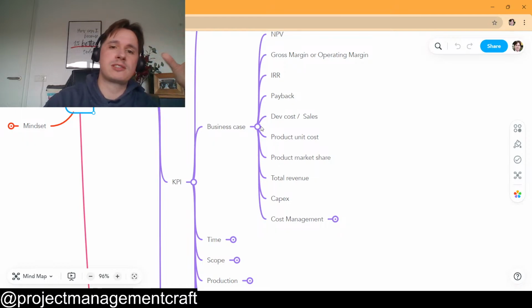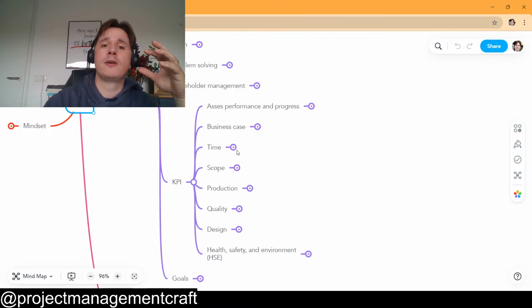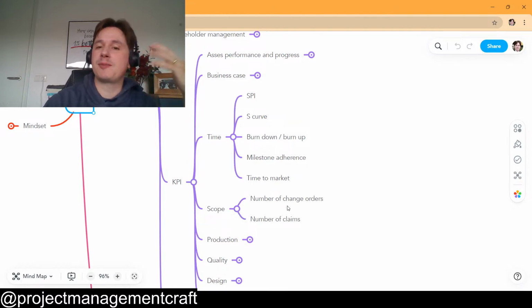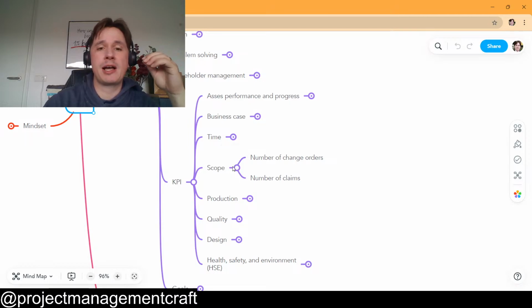You can have cost KPIs for cost development. Time KPIs, you can look at the schedule performance index from PMBOK. You can have an S curve, burn up, burn down. Time to market. You can have scope KPIs, number of change orders, number of claims. You can have production KPIs.